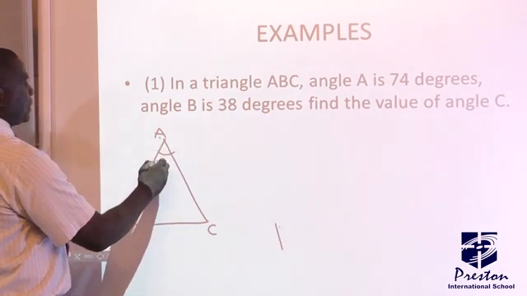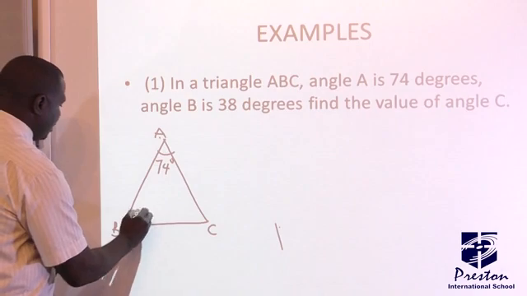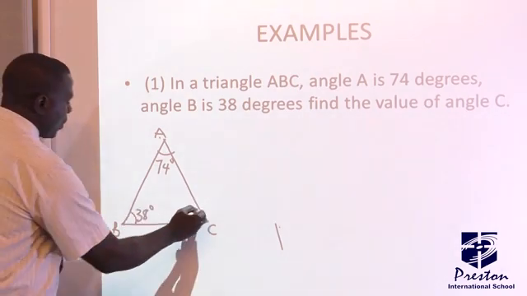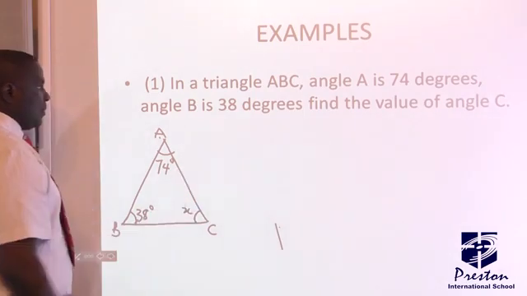A is 74 degrees, B is 38 degrees, and we are looking for C. We can represent angle C with a letter, maybe X.